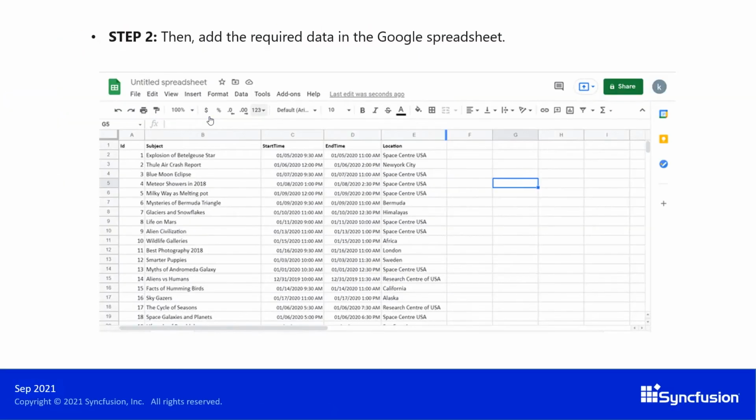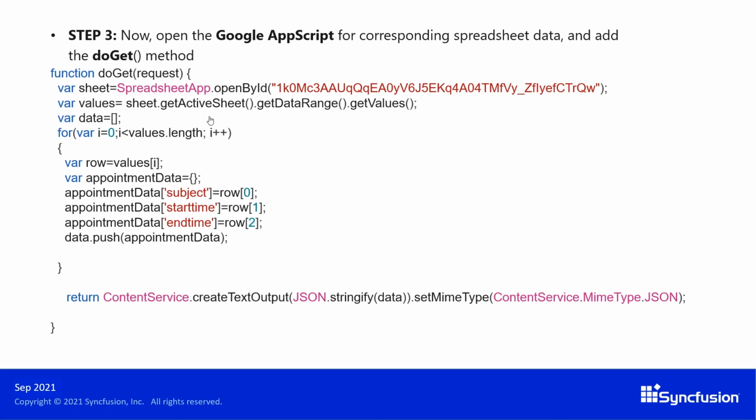So as I said in step 2, I have added all the data that I have in the Google spreadsheet. And now I have opened the Google App Script and then I have to get the data. So I'm going to use the doGet method that is in the App Script and provide the spreadsheet app by the given ID. So let me show you how this can be done.